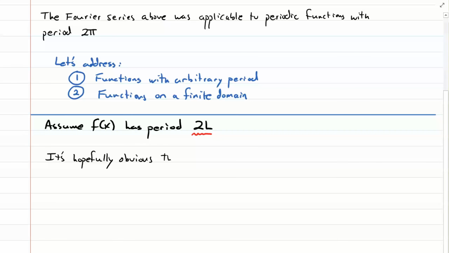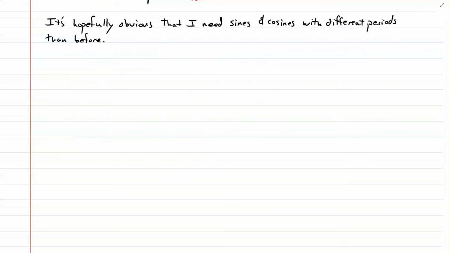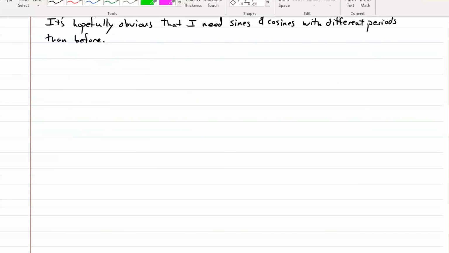I need to use sines and cosines with different periods than I used before.